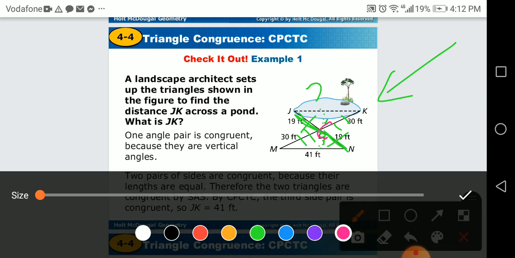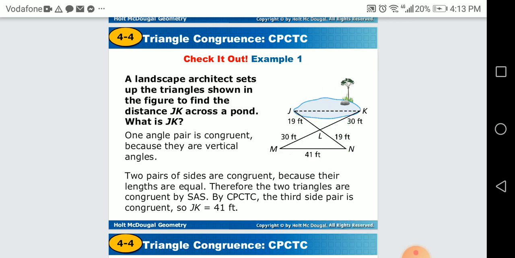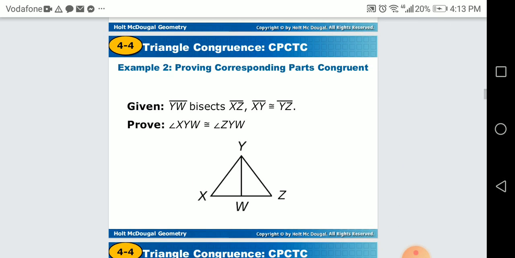This angle and this angle, vertical opposite angles, remember. So you have two sides congruent and one angle congruent. So the two triangles are congruent, right? Therefore JK is congruent to segment MN. You have this 41, this 41. This is by CPCTC, the third side pair is congruent. Very easy, I think.